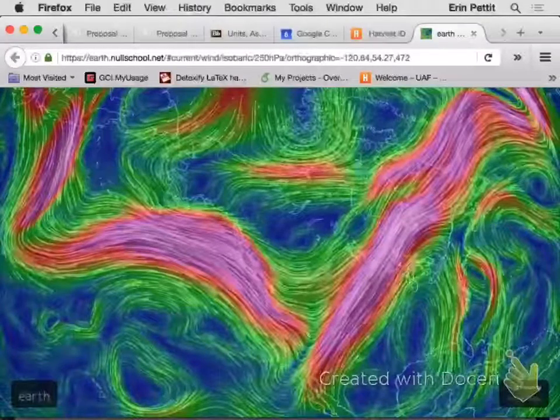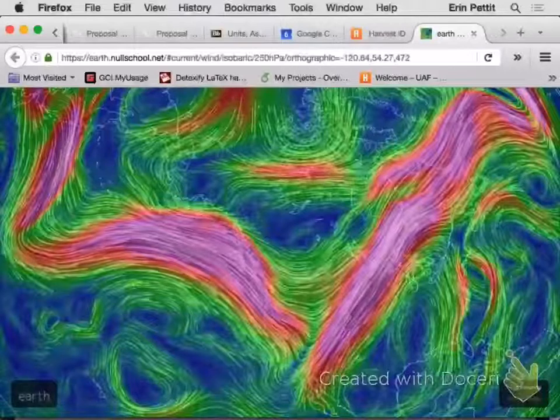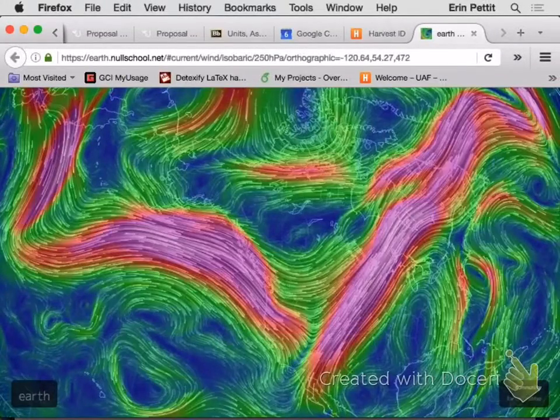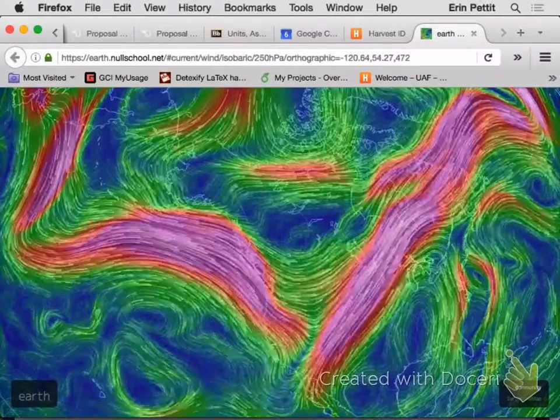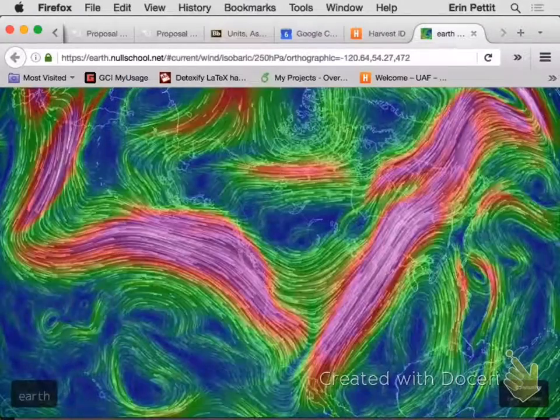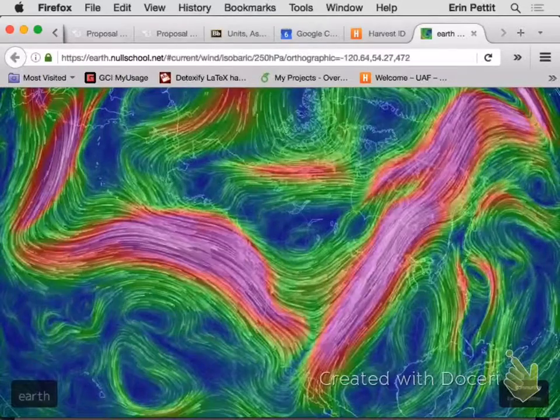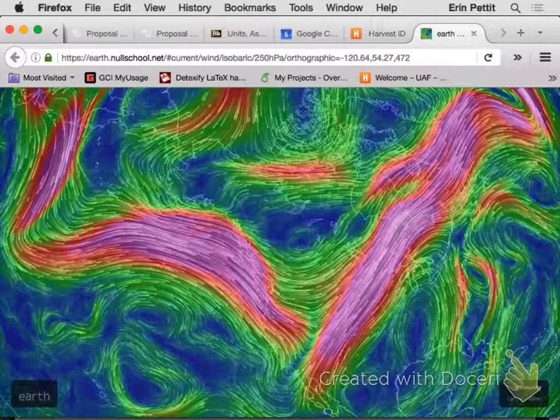Even though this is all atmospheric stuff, there are complexities with air, which is compressible, that we're mostly not going to deal with in this class. So we're mostly going to assume that things aren't compressible because it does make the math one level more complicated. But the concepts all still apply in terms of water flowing in a river.